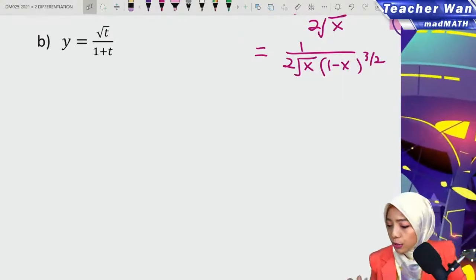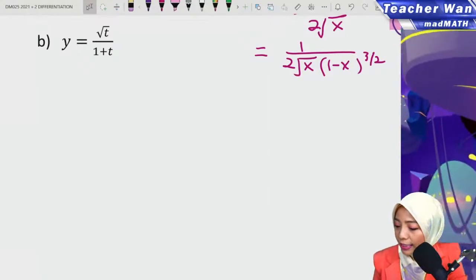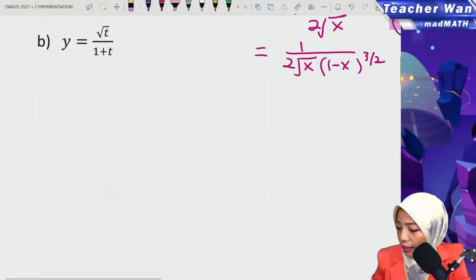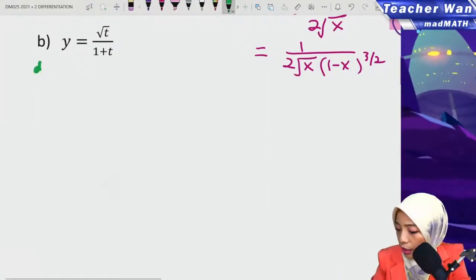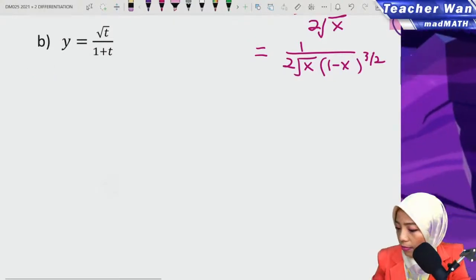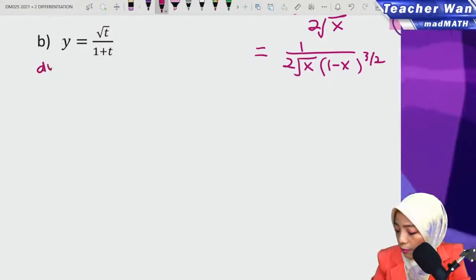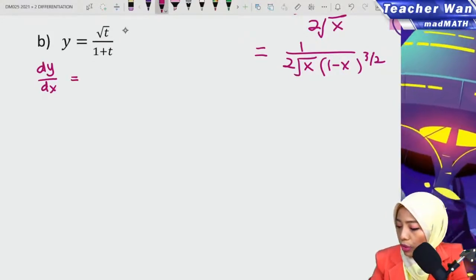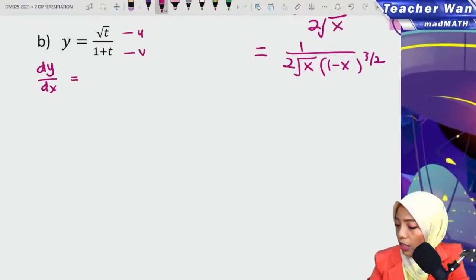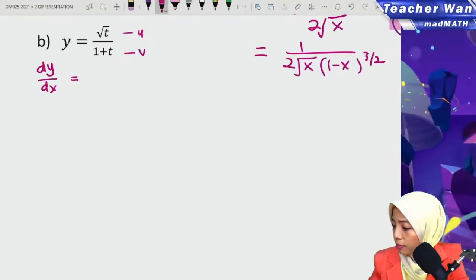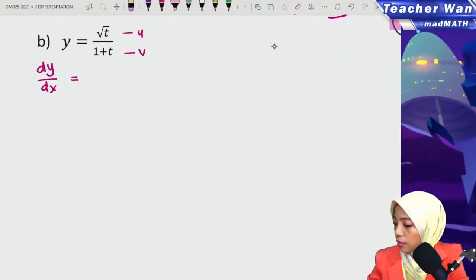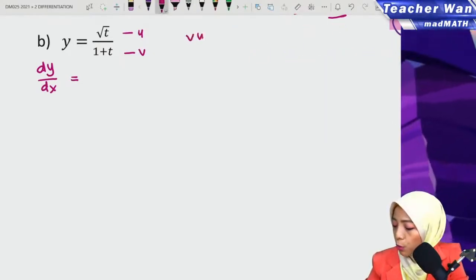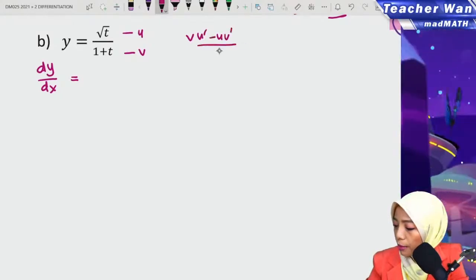So we have root t, so now dy over dx is equals to, this is our u, this is our v, so formula again. Formula vu prime minus uv prime over v squared.